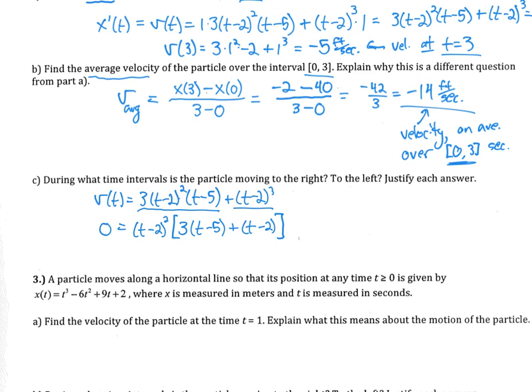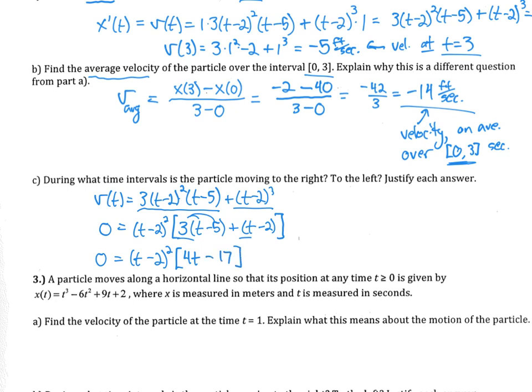And then I'm going to simplify this a little bit. (t minus 2) squared, and then if I distribute the 3 and combine some like terms, we get 3t plus 1t. That would make 4t. And then 3 times negative 5 is negative 15. Negative 15 minus 2 is negative 17.